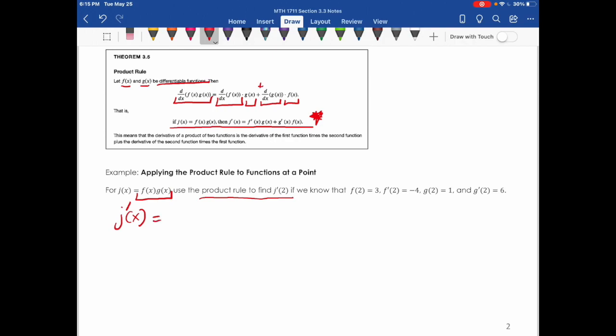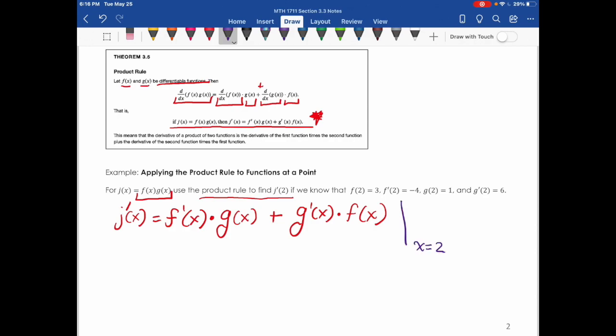So to find the derivative of j of x, we're going to use the product rule. And the product rule says I take the derivative of one of them, so we'll start with f, and we multiply it by the second one. And then we add it to the derivative of the second times the first.